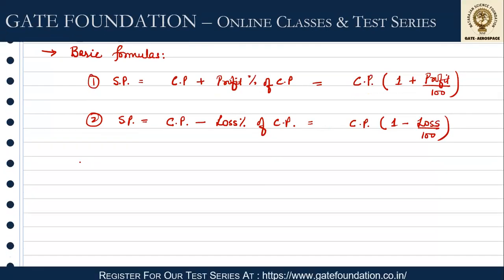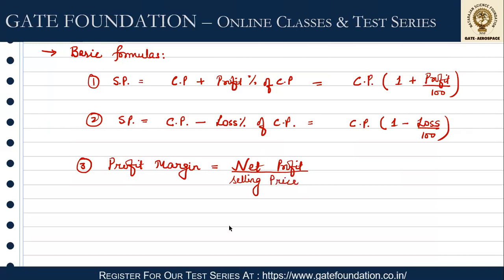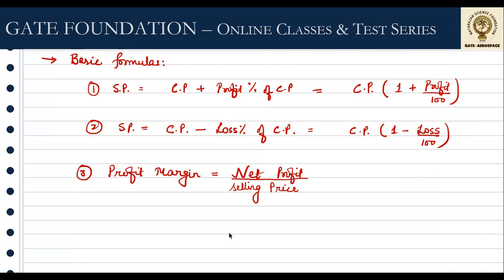There are some few things that we should know, that is about profit margin. Profit margin is basically net profit divided by selling price. ठीक है.